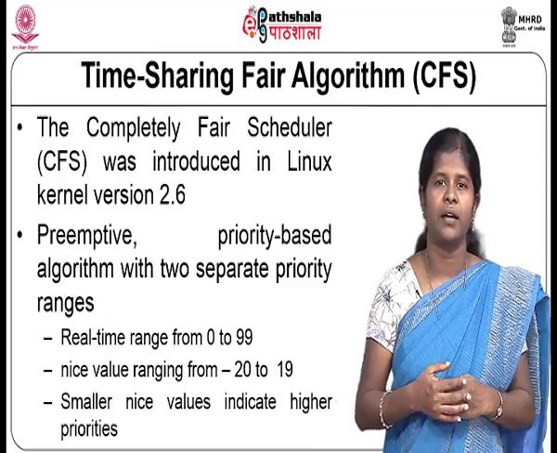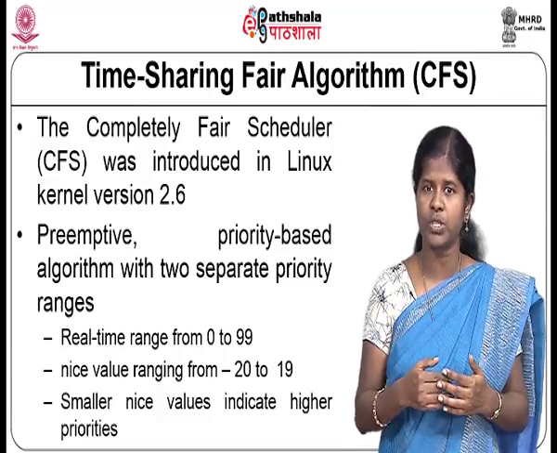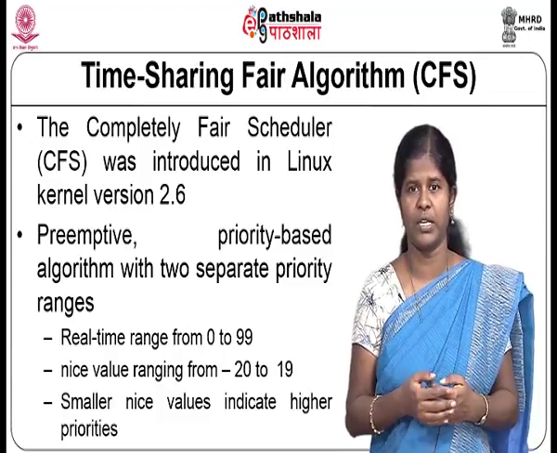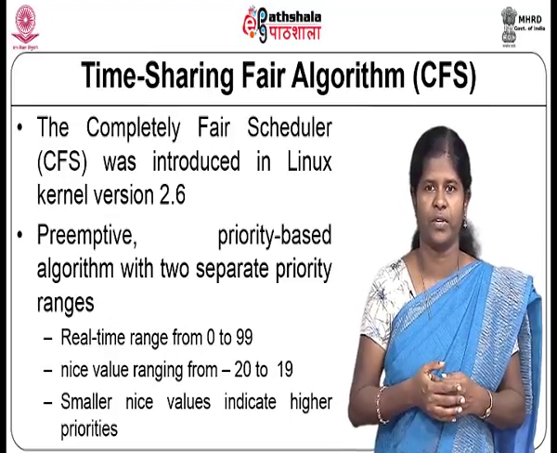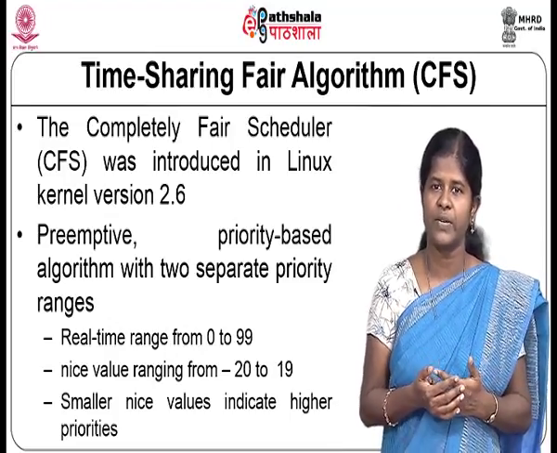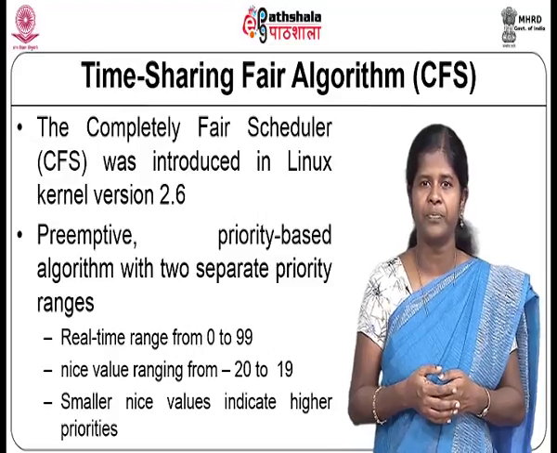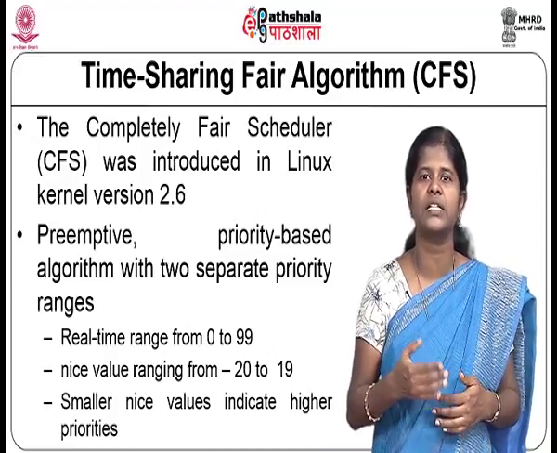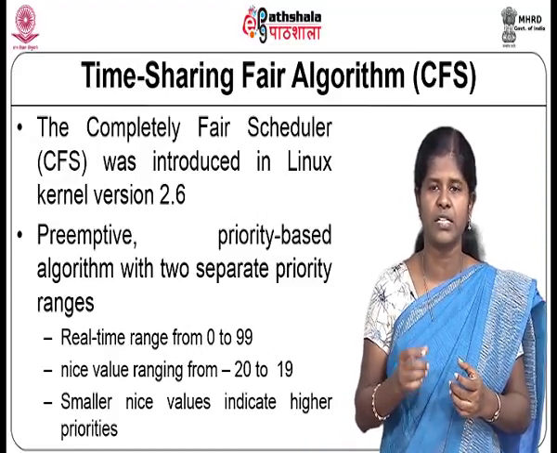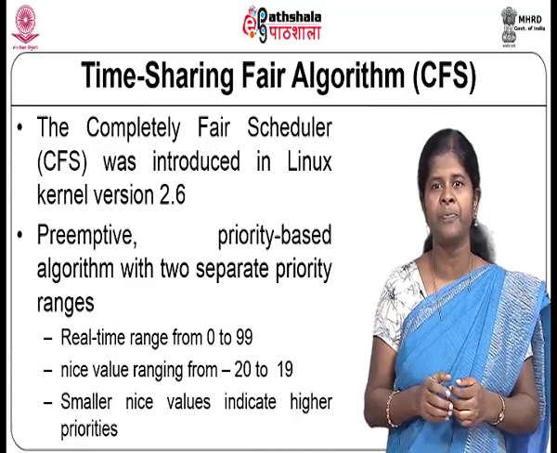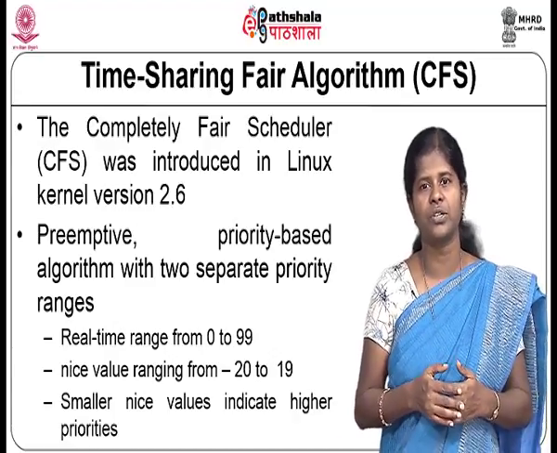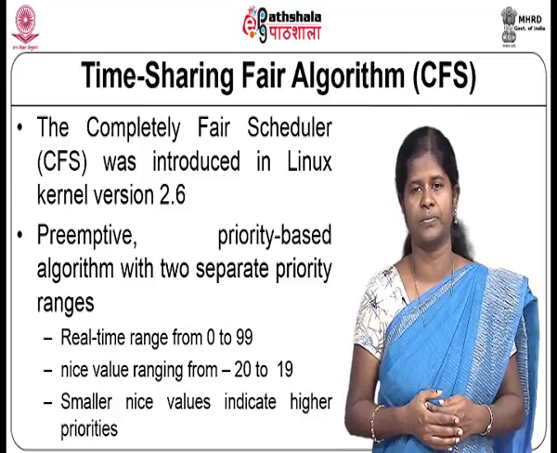But a process can choose to be nice to other processes by choosing a nice value. This nice value, which we have seen in a different module earlier, can be set by using the system call nice.